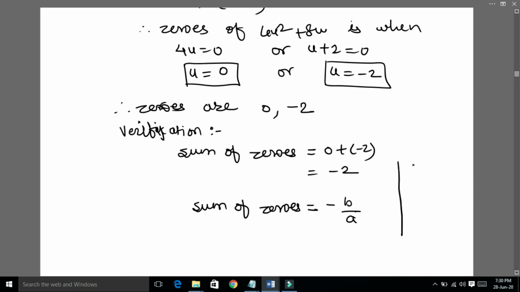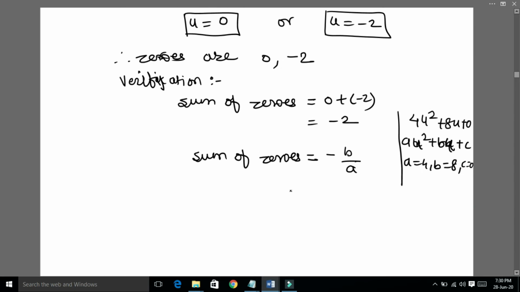So the given polynomial is 4u square plus 8u, plus now the constant term we have to take here 0, because we have to compare this polynomial with the general form, ax square plus bx plus c, that is au square plus bu plus c, because the polynomial is given in terms of the variable u. So a is 4 here, b is 8 here, and c is 0 here.